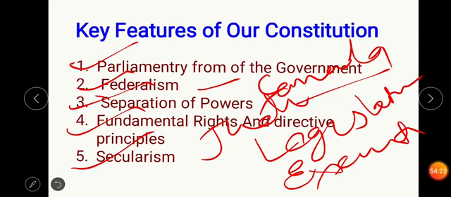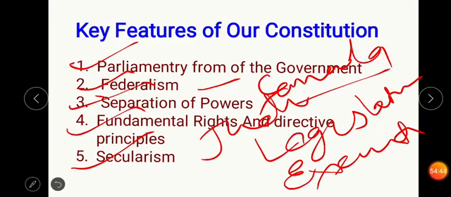Equality is assured to all citizens irrespective of religion. Freedom of faith, worship and belief is allowed to all.